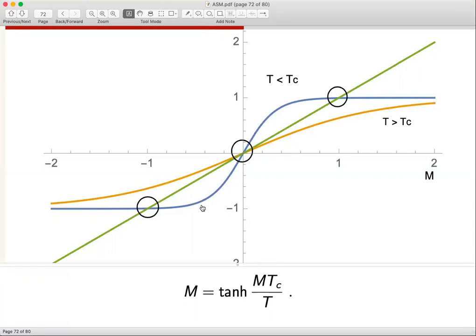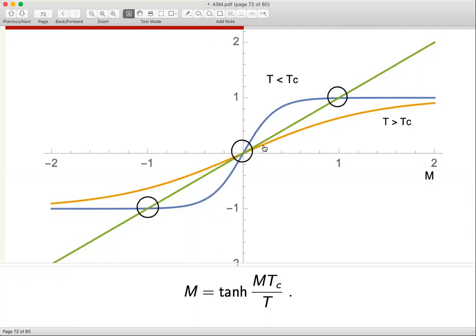Then the slope of the tan hyperbolic near m equal to 0 is smaller than 1, because tan hyperbolic x expands as x plus x squared kind of piece. The leading behavior is x, but x has a coefficient which is a number smaller than 1 times m.